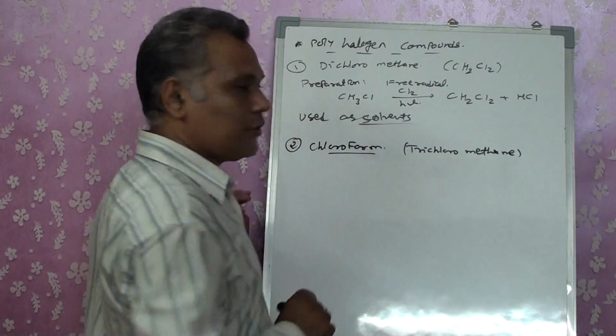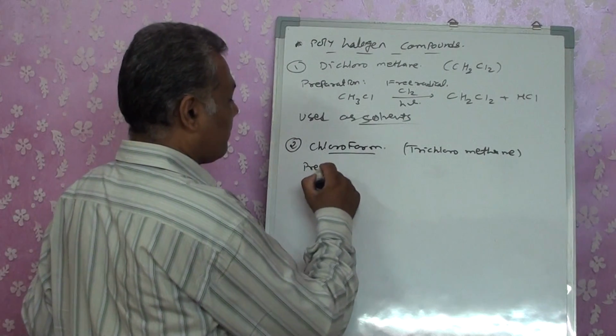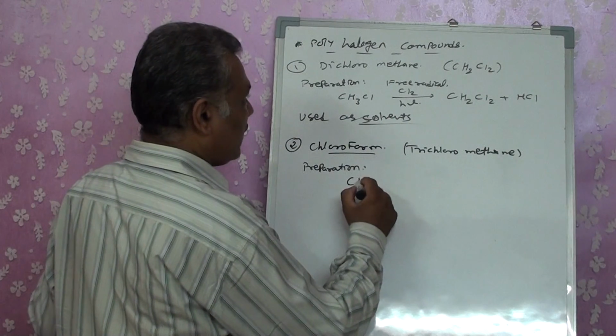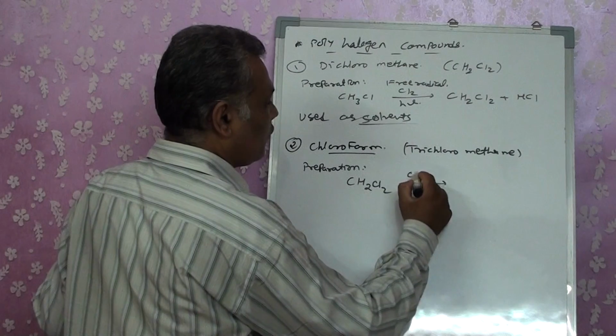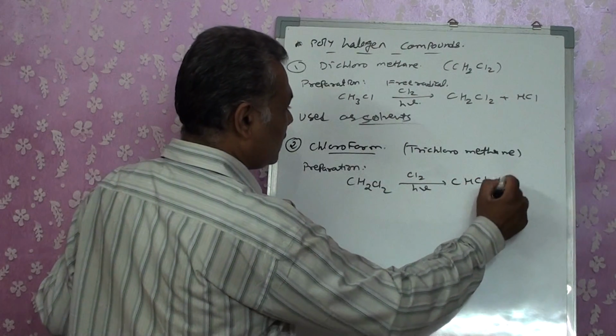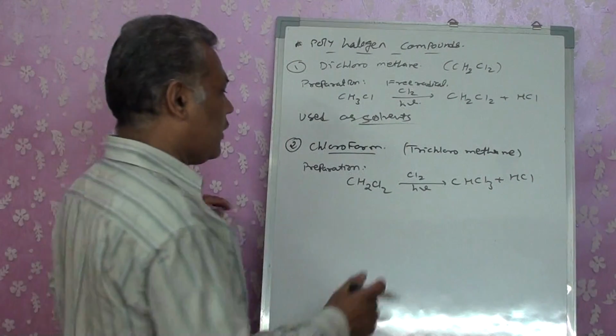How can we produce it? We have two methods. For preparation, we can take CH2Cl2 itself. Through further free radical reaction, we get CHCl3. It's a second step, a further free radical reaction.